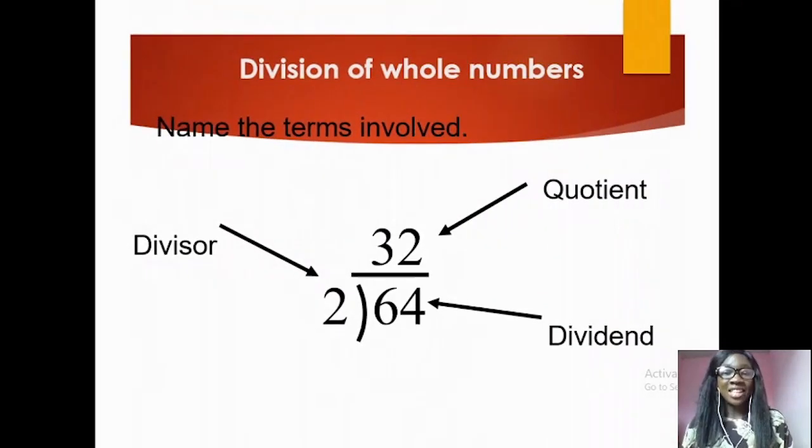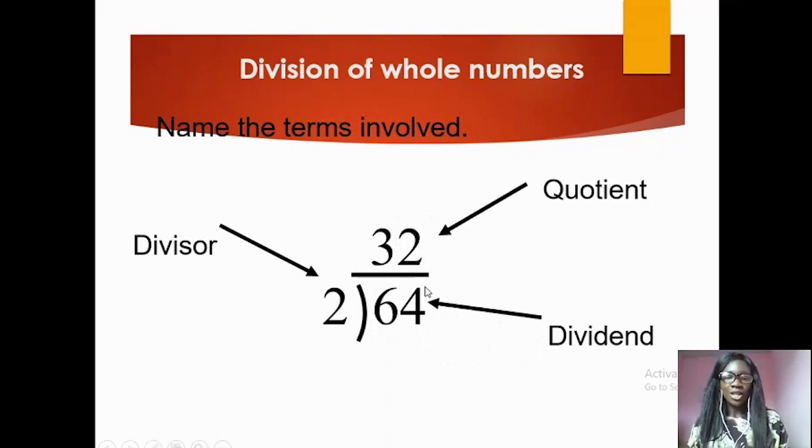Okay, if you say the correct answer, give yourself a big clap. The 2 here is the divisor, 64 is the dividend, and 32, which is our answer, is called the quotient. So when you want to divide 64 by 2, your answer is called the quotient. Okay, now this divisor tells us what we are dividing by, and the dividend is what we are dividing, and we'll get 32.